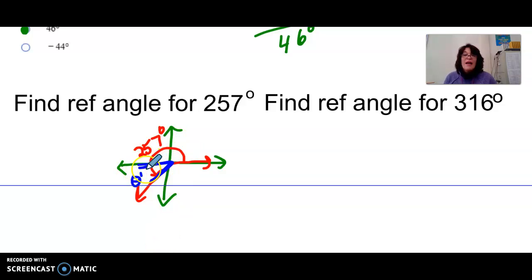So what are we going to do there? How are we going to find this part that's there? I went 257, but I want to get back to the 180 mark.